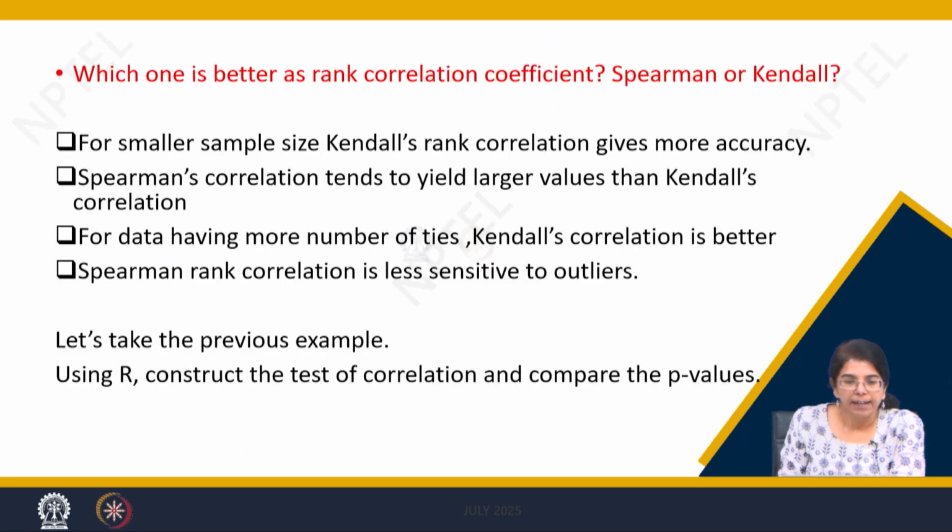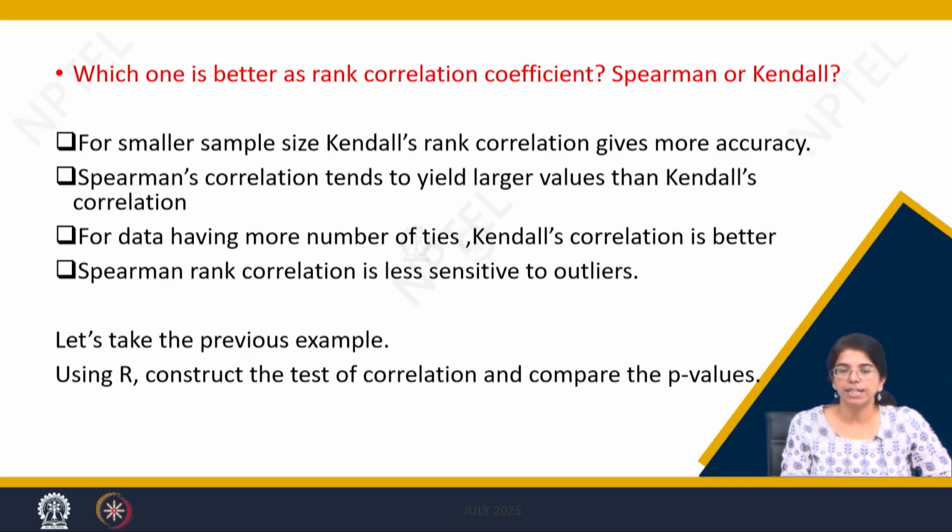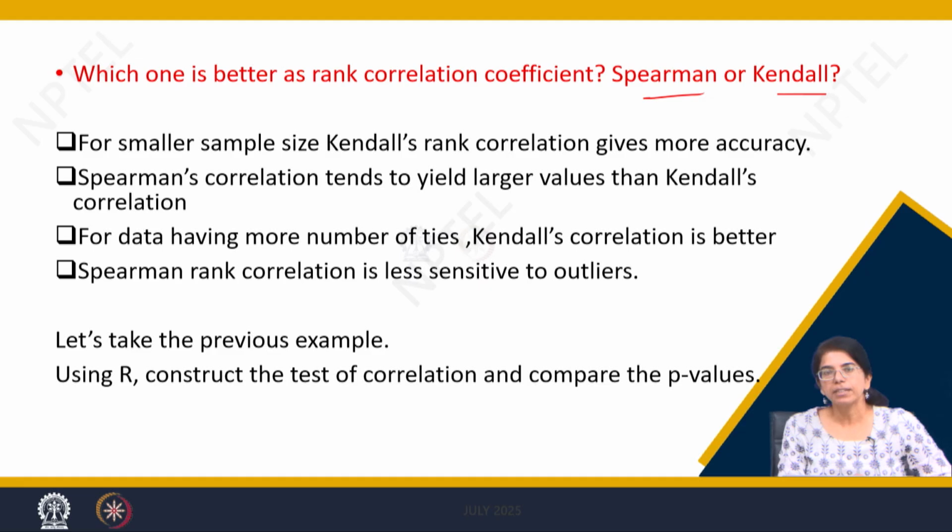Okay. So sometimes you might wonder which rank correlation coefficient, Spearman or Kendall, is more usable or more beneficial. Here I am giving you some tidbits on when to use what type of rank correlation.